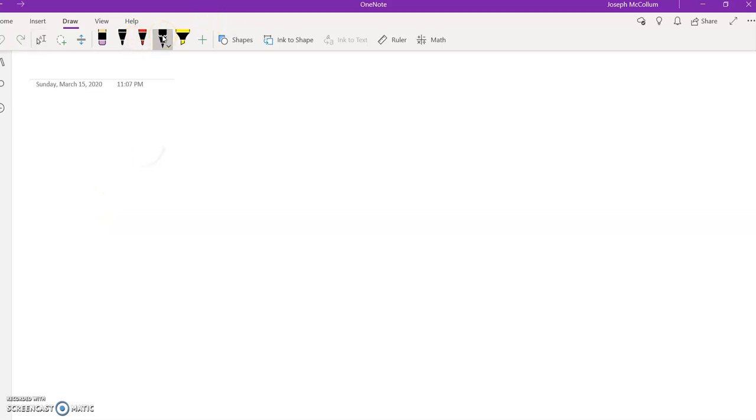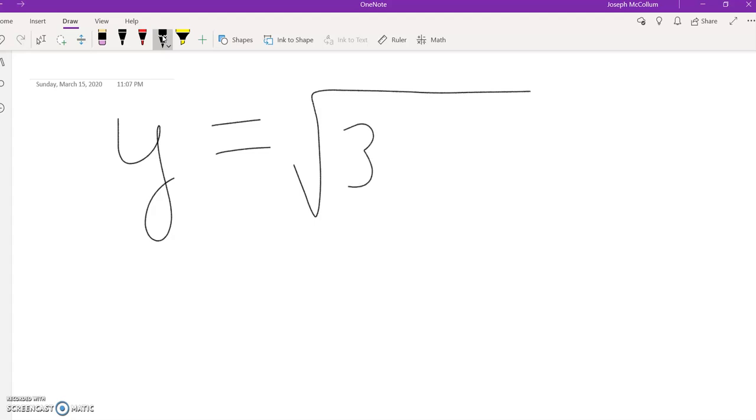Turn on the pen. And we have the function y equals radical 3x squared plus 9. Let's say we want the derivative of this expression.